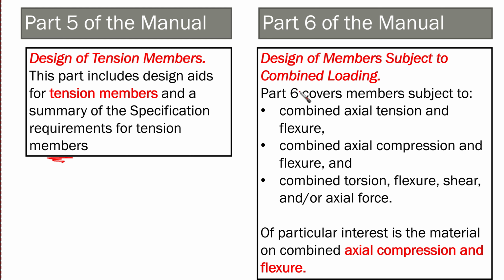It means that it covers members having a combination of loading, like axial tension and flexure, or combined axial compression and flexure, or combined torsion, flexure, shear, and/or axial force. So these are the different combinations that we have regarding this part.